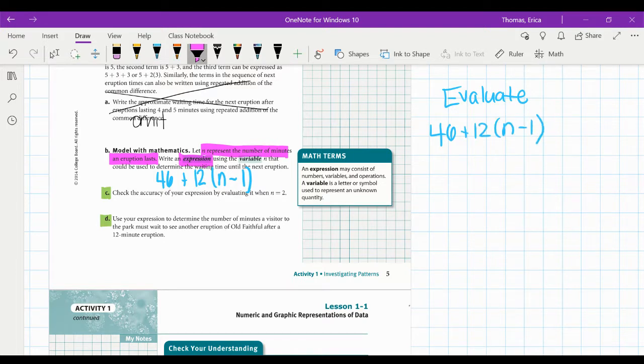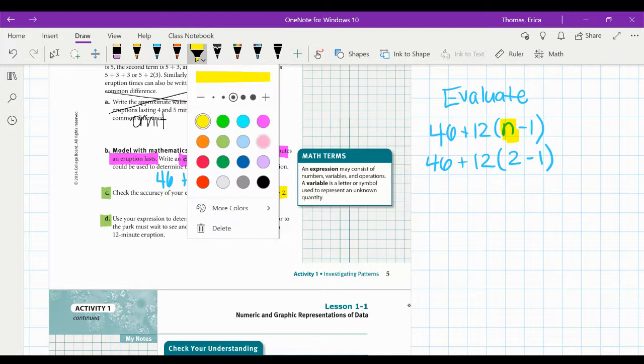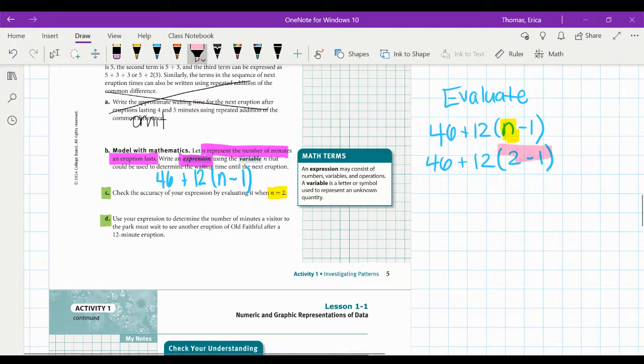I'm evaluating for when n equals 2. So that means I'm going to replace n with 2. 46 plus 12 times 2 minus 1. Now I just need to simplify using my order of operations. So what I would do first here is the parentheses, 2 minus 1, which would be 1.